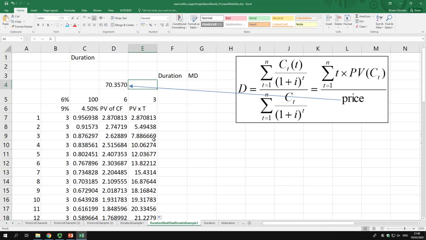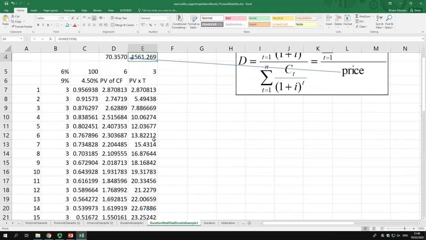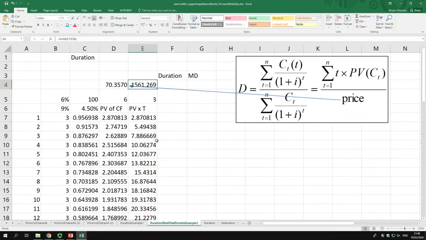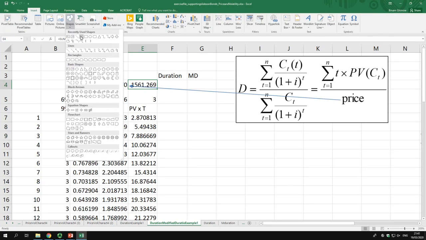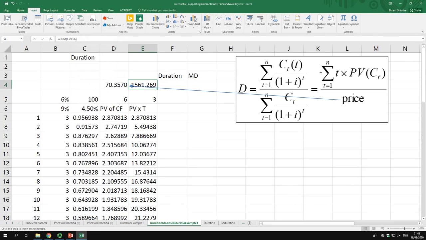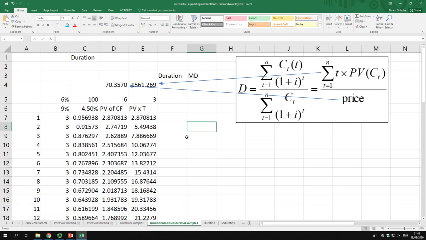Now we also need to find out the total of these, which is going to be all of that. So therefore 1561.269. What is this? This is the item here in this formula, 15.6. Okay, so you know this.